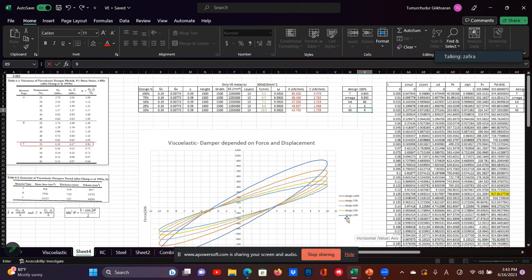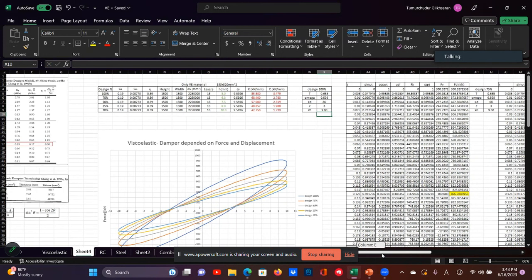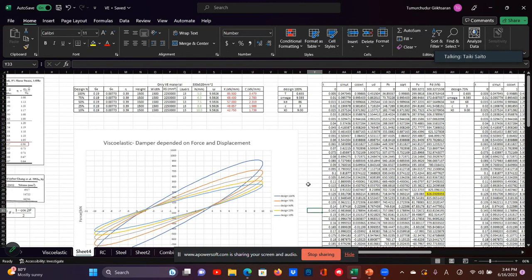Sensei, can we use the initial displacement the same as the target displacement of the building? Target displacement of the building. Maybe, but we don't know the real displacement.